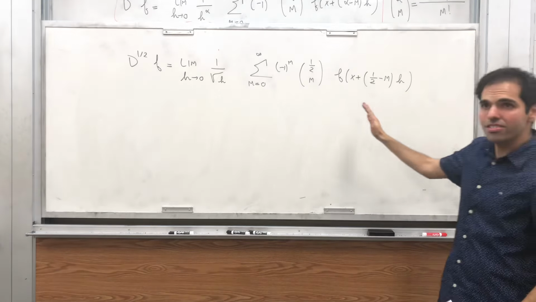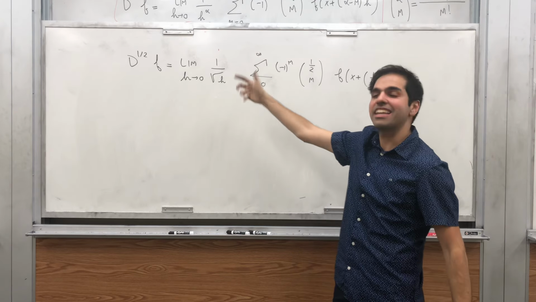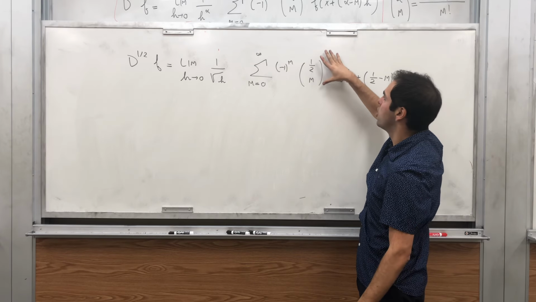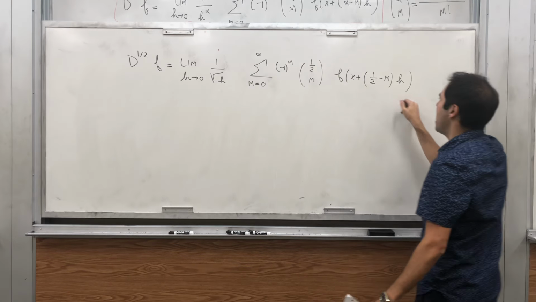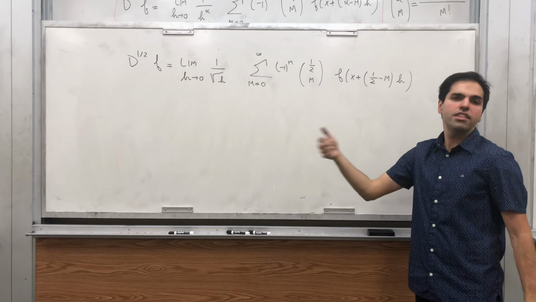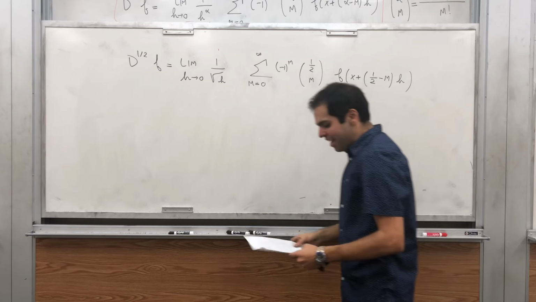It says you're just taking this limit and then, just like derivatives are kind of linear, half derivatives are kind of like square roots, and you're summing it over this alternating sum of a bunch of numbers, and you're sampling f at different points. Just like in the derivative, you're sampling f at 2 points, x and x plus h.